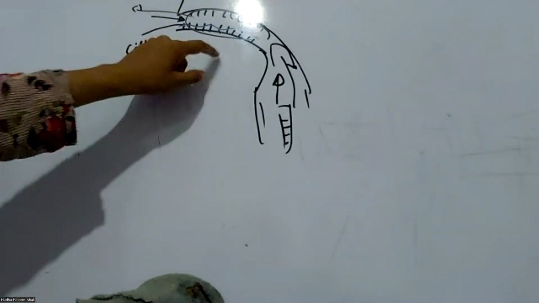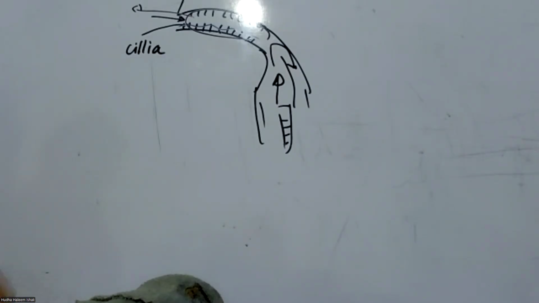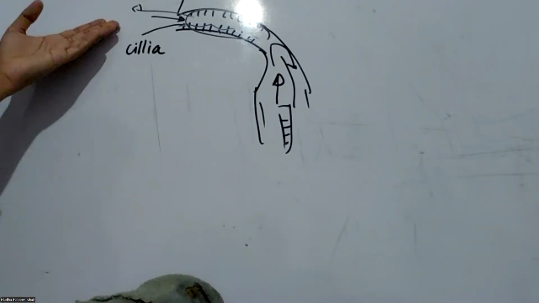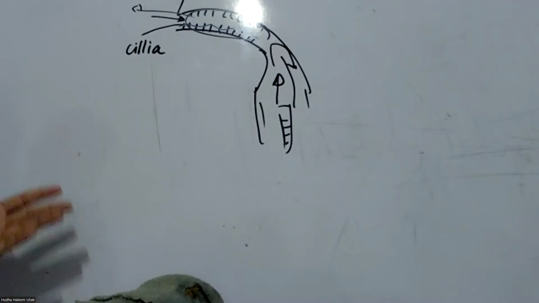Now let's go back to the nasal cavity. We have the cilia and also mucus in the nasal cavity. So in the nasal cavity, three main things are happening for the inspired gases, the oxygen.